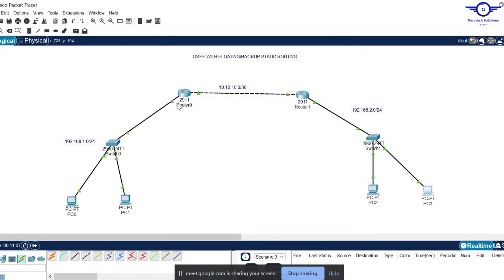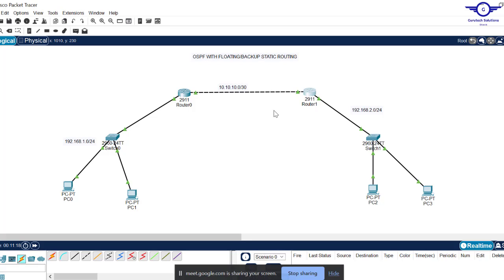So a quick recap about what dynamic routing, or routing in general, means. In this topology, by default, a router only knows about the directly connected networks. So router 0 here only knows this network and this network. The same applies to router 1.